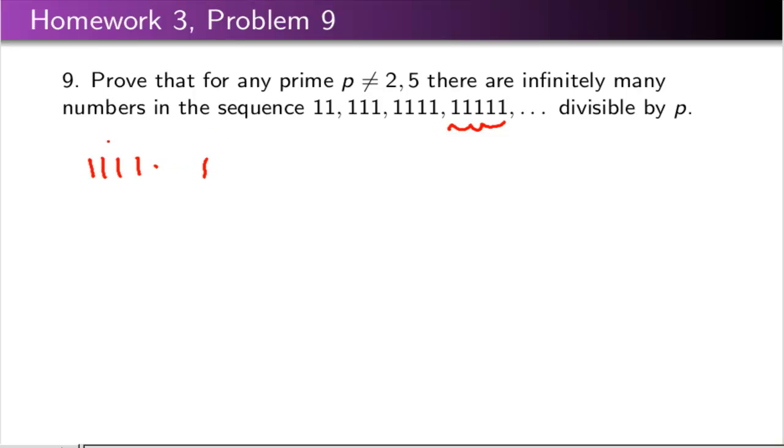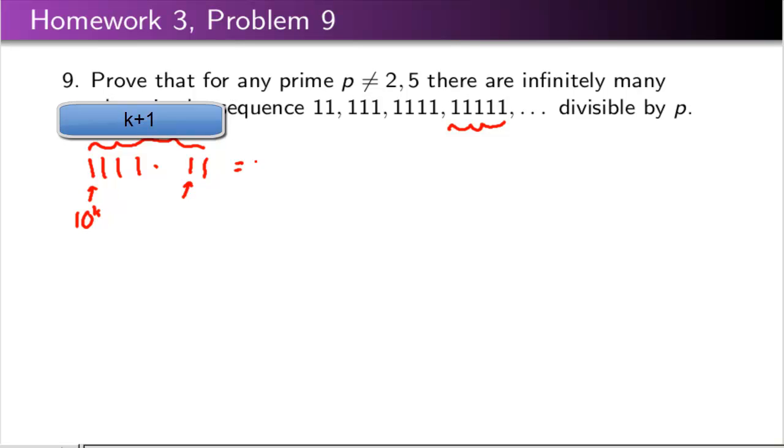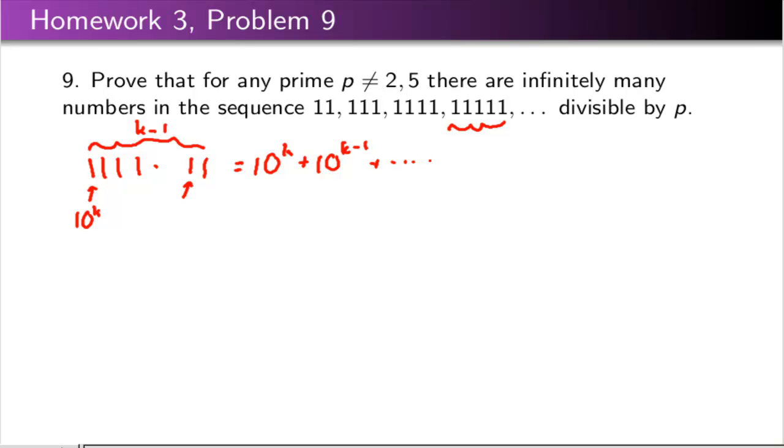Say we have k digits here. Let's say k minus 1 digits. So that's the ones place. This is the tens place. And this would be the 10 to the k minus 1 place right here. So what is that? 10 to the k minus 1 plus ... plus 10 plus 1, which equals what? Use the geometric series formula.